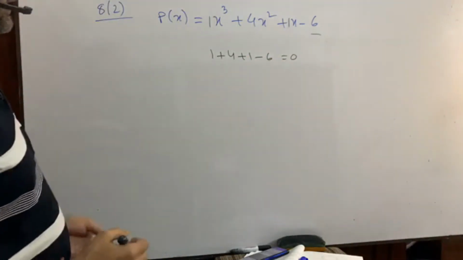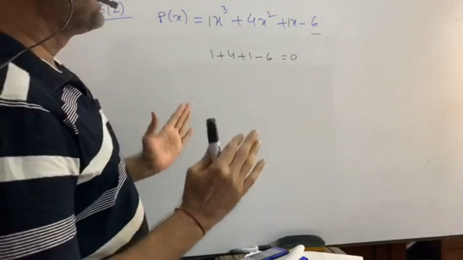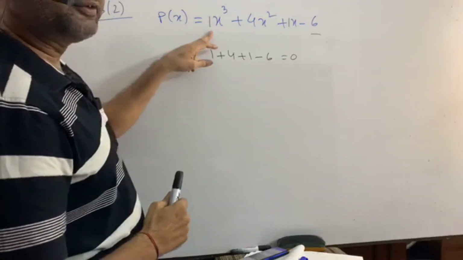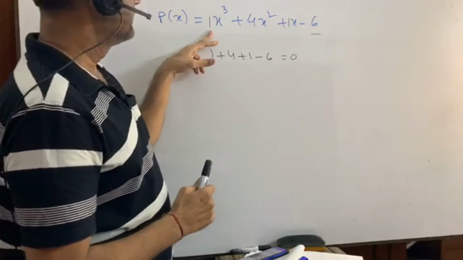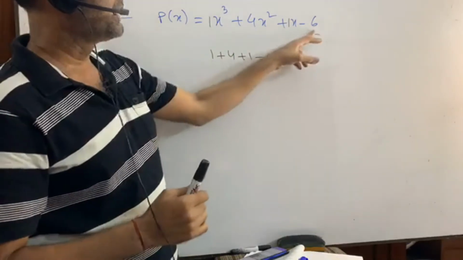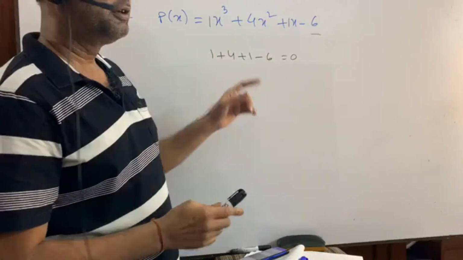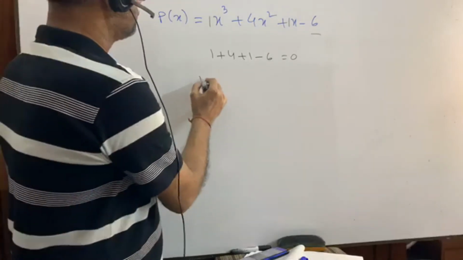Have you seen it? I have just added the coefficients: 1, 4, 1, minus 6. What is the result? 0. If we get 0, that means x equals 1.